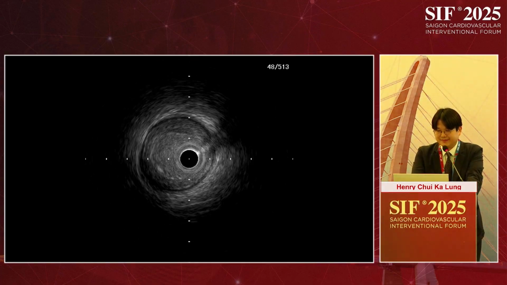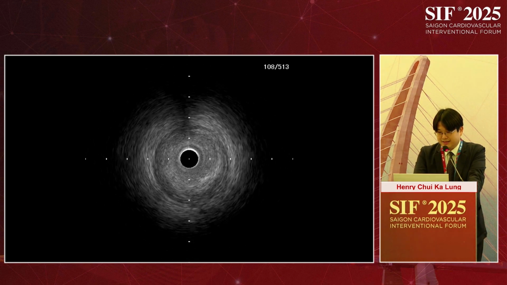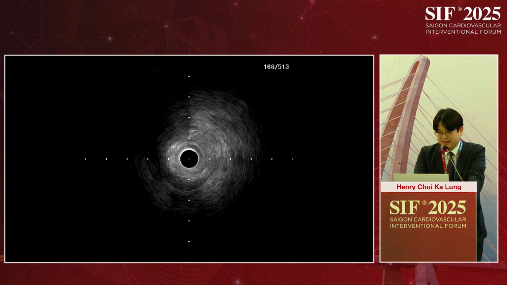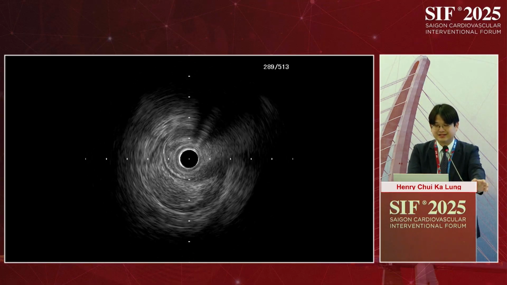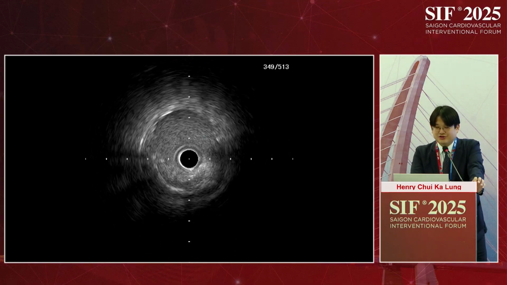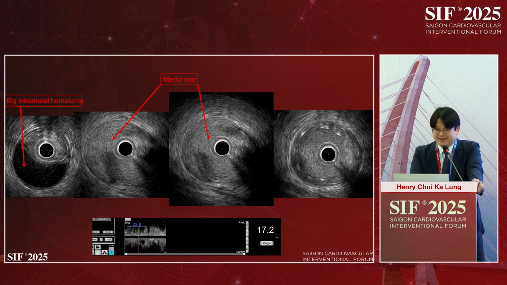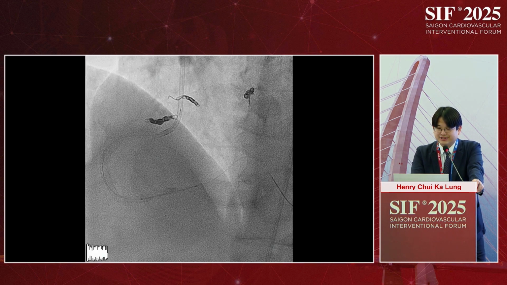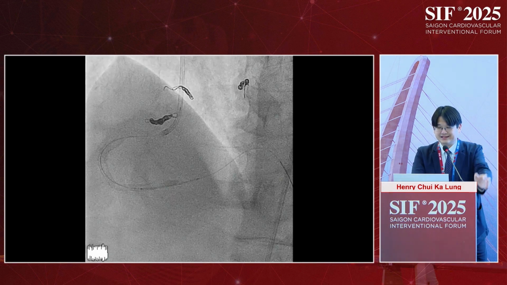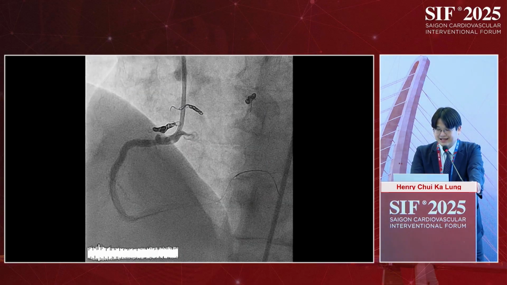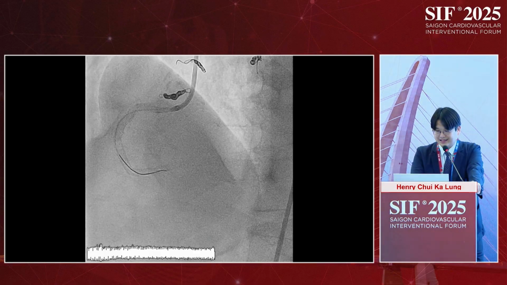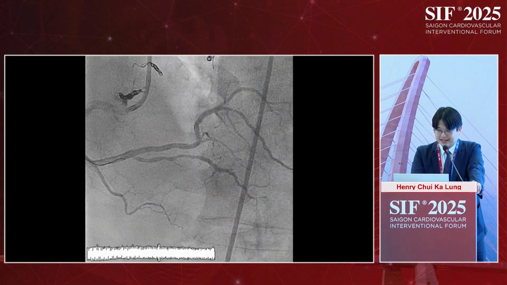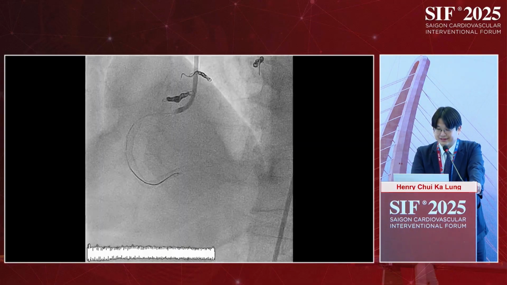This is the IVUS. You can see this is a hematoma because the contrast is replacing the blood. So it's a big hematoma in the distal segment, caused by the media tear. And we put in another stent. This is the result after putting in another stent in the distal segment.